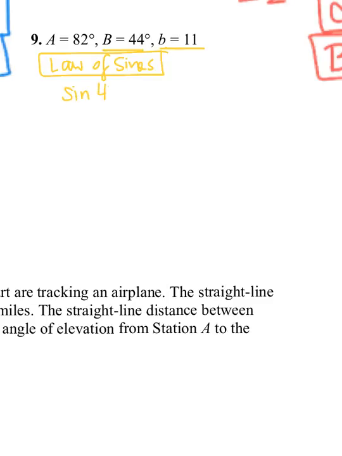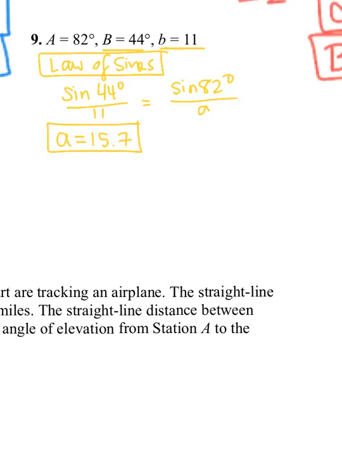Sine of 44 degrees over 11 is equal to sine of 82 degrees over side A. Cross multiply, divide both sides by sine of 44 degrees, and I get A is 15.7. Let me write that better. All right, so I get side A is 15.7.